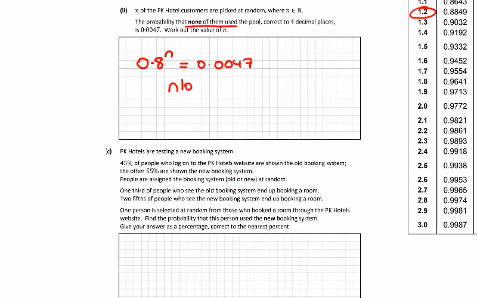So n by the natural log of 0.8 is equal to the log of 0.0047. So n, just write out the steps, log of 0.0047 over the log of 0.8. This is giving me 24.02. I'll just say 24 for n.